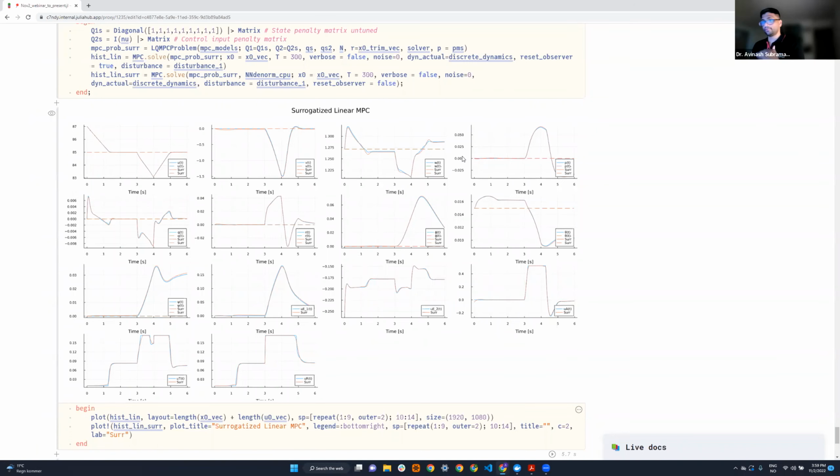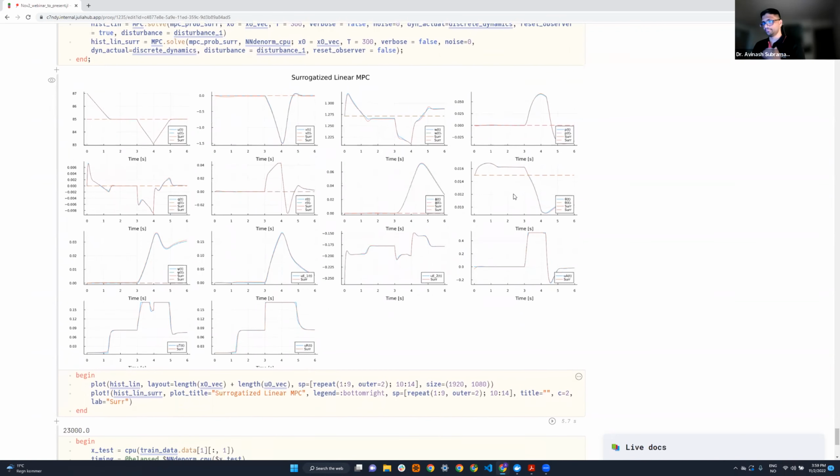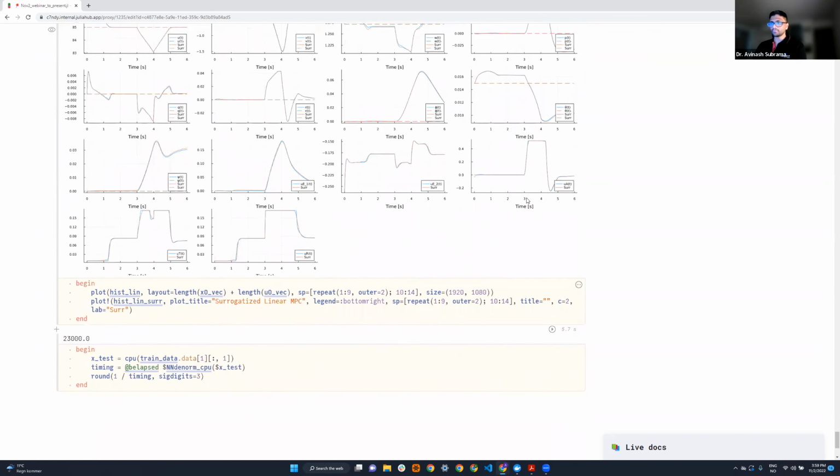And this is on a fairly intermediate complexity example with a disturbance that the surrogate has never seen before during training. So even in that case, we're able to match the optimizer results very nicely to the eye.